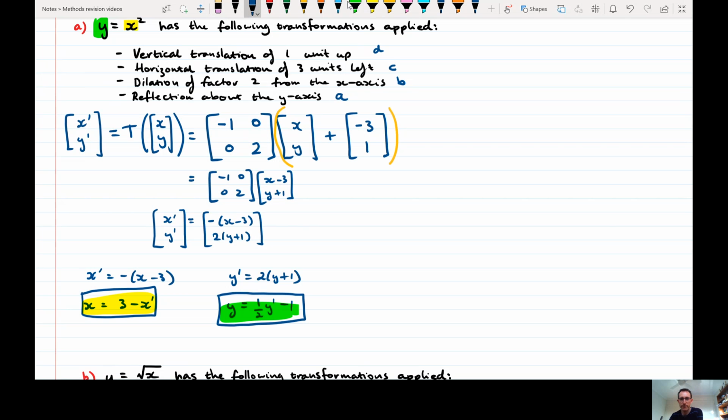So y equals root x now becomes 1/2, oh, not root x, sorry, x squared. I've jumped ahead to the next question. y equals x squared now becomes 1/2 y dash minus 1. Instead of x, we now have 3 minus x dash, squared. We add 1 across.